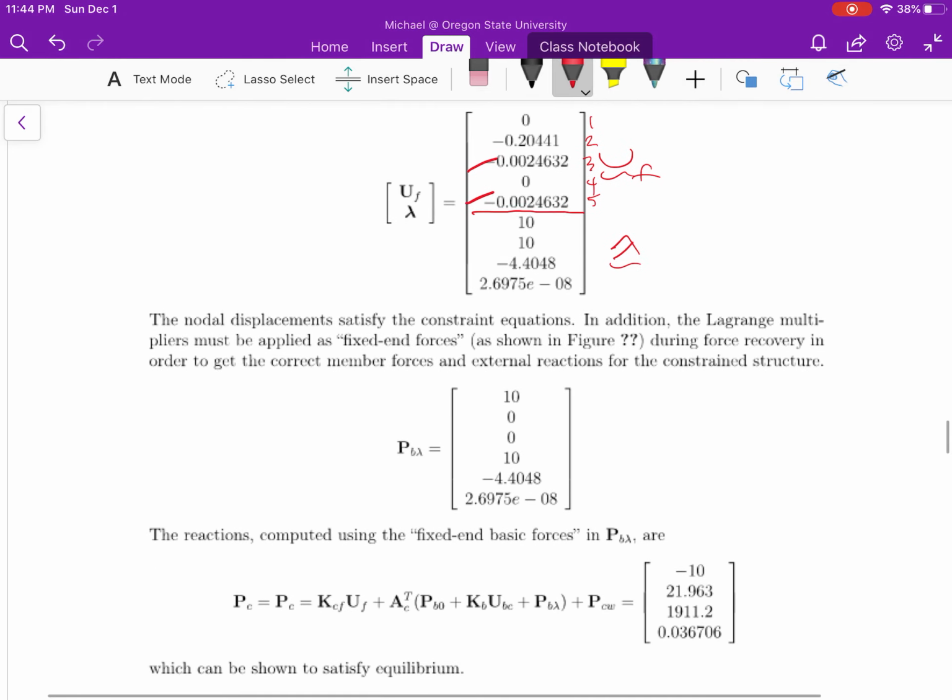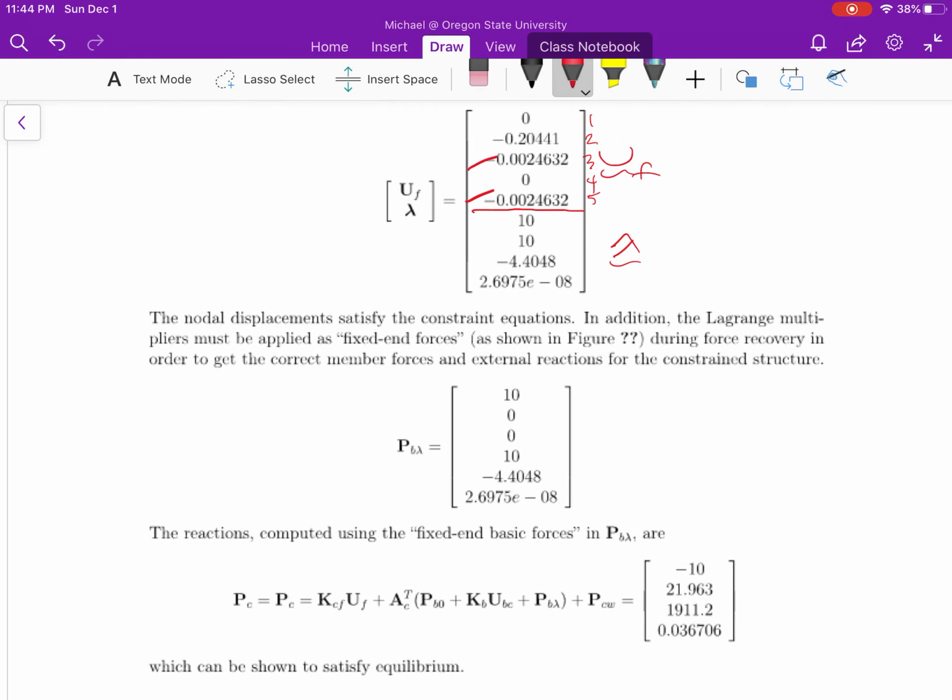Then the Lagrange multipliers we can map out to the elements that had constraints. This first Lagrange multiplier was due to axial rigidity of element 1. So we have an extra Lagrange multiplier force of 10 kips for element 1.